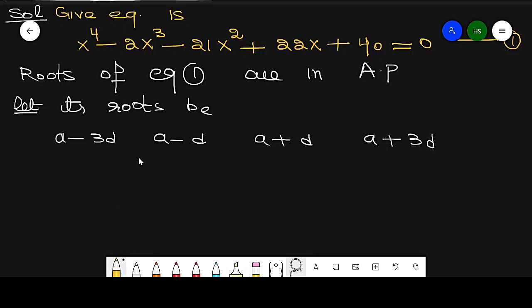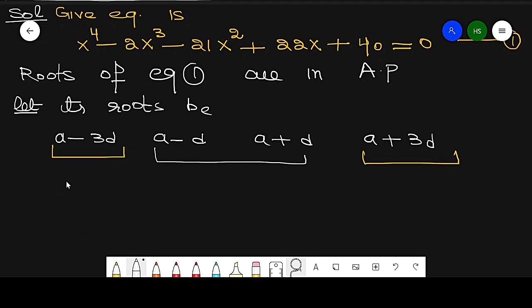Now here check that the sum of two roots is equal to the sum of the other two. If you add these two you get 2a, and if you add these two terms, you again get 2a.